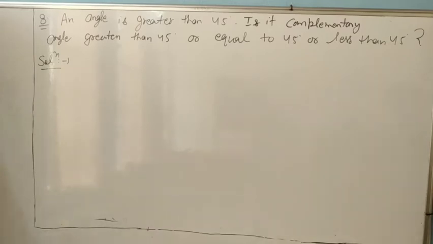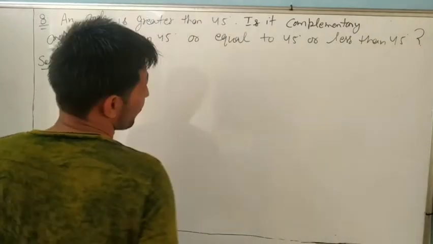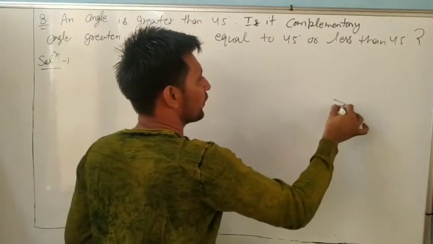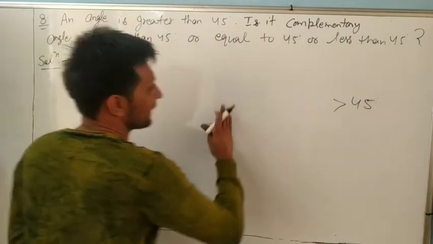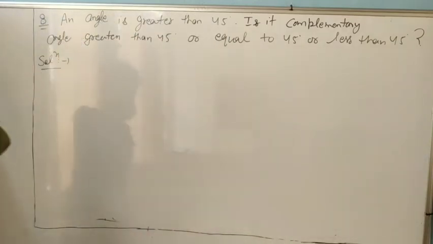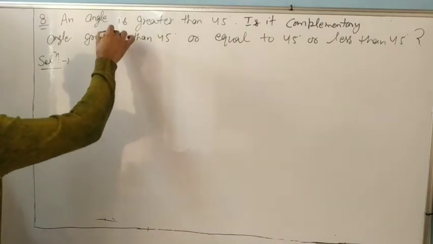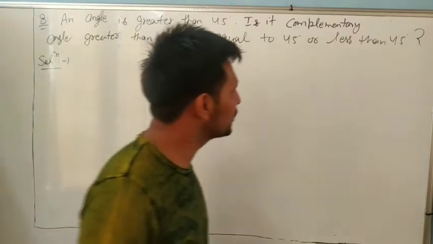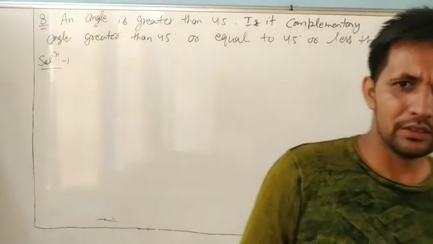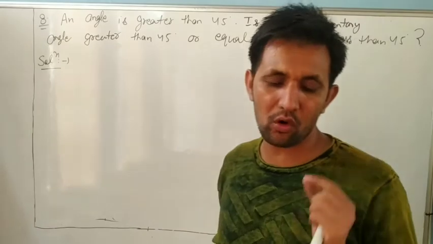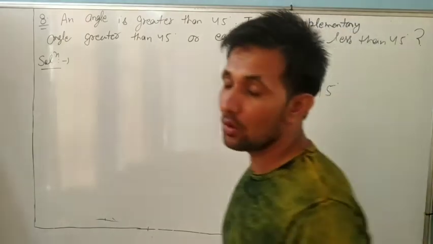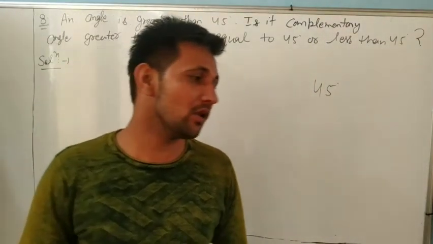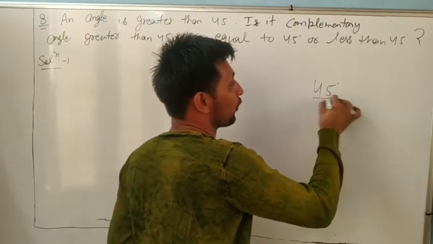Now dear, question number 8. An angle is greater than 45. Any angle you can take which is greater than 45. Is its complementary angle greater than 45, equal to 45, or less than 45? Tell me. In question number 4 we have already done that two angles are complementary if their sum is 90 degrees, and an angle whose complementary equals itself is 45.